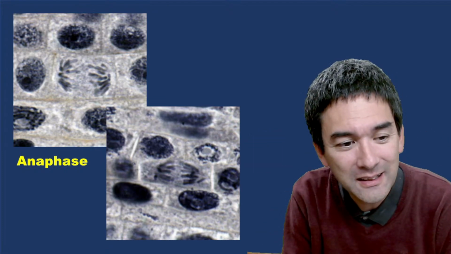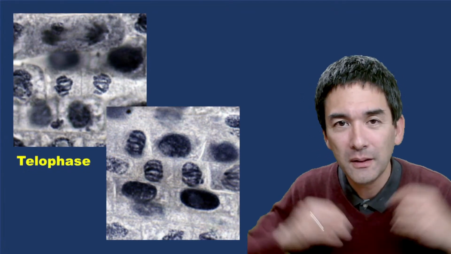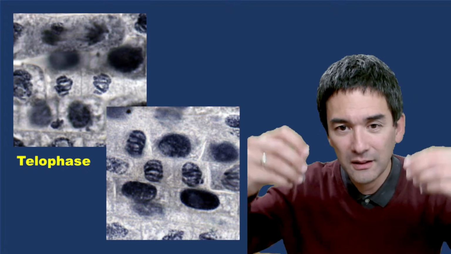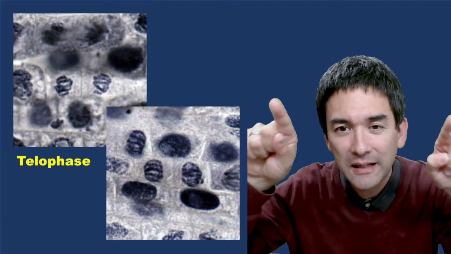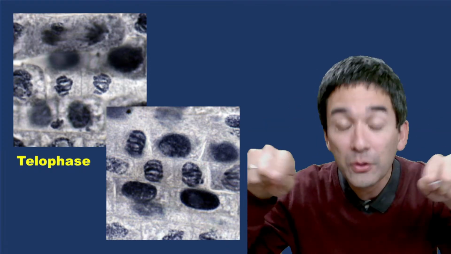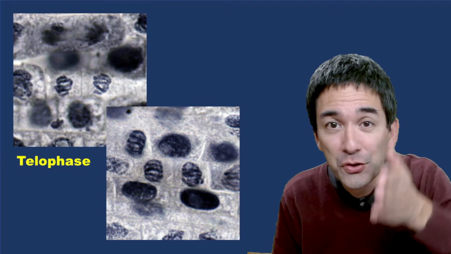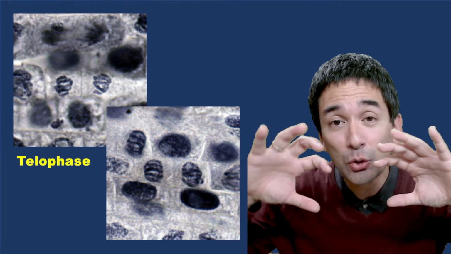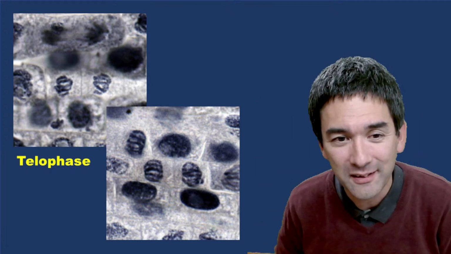And then the telophase, that is basically when the chromosomes start to form loose DNA again, and then you also have the two nuclei reappearing. This is also the time when the cell physically, the cytoplasm of the cell, the liquid contents of the cell, starts to divide, and then you have two nuclei again.